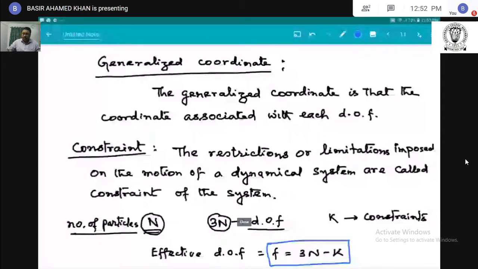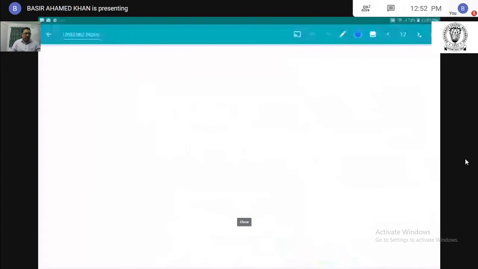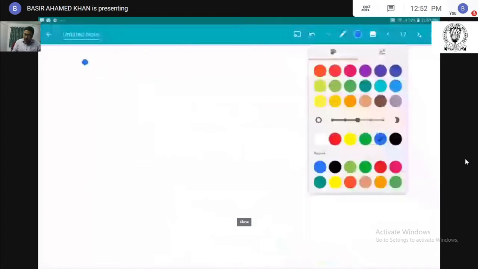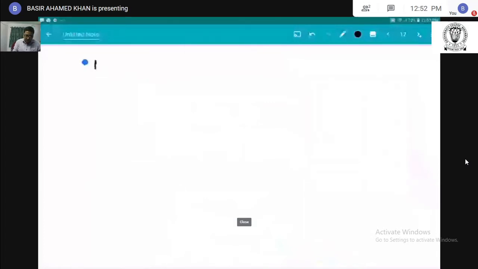Now, the law of equipartition of energy.